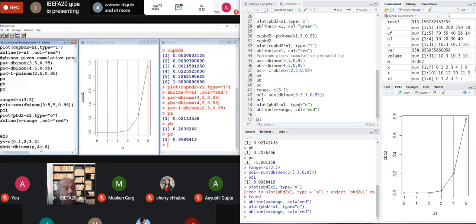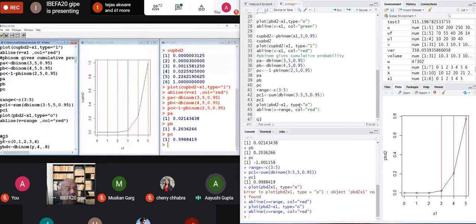Compute the D binom for the range and add them. That means sum of D binom 3 to 5, 5, 0.95. Instead of 3 to 5, you can type the range also. It is your choice. My answer will never be different for the third part.